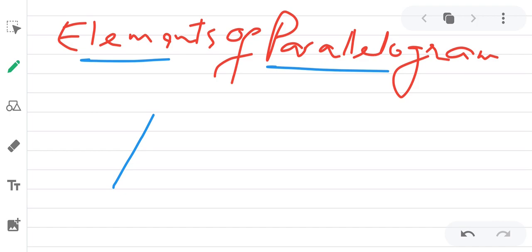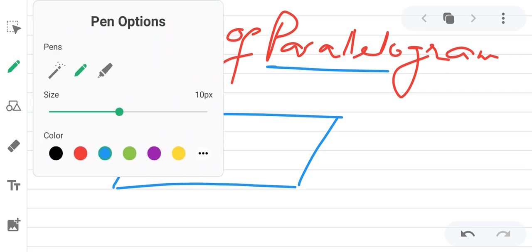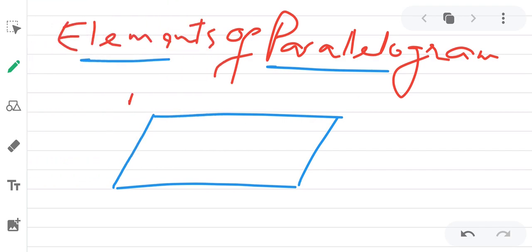See, this is a parallelogram. Okay, you know the properties of parallelogram. Say for example, this is vertex A, this is vertex B, this is vertex C, and this is vertex D. Right.